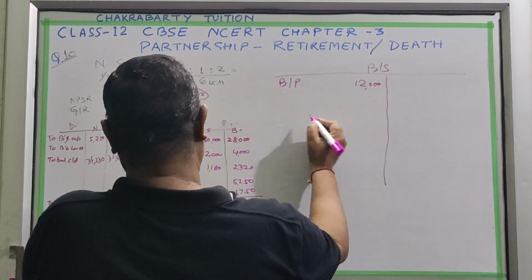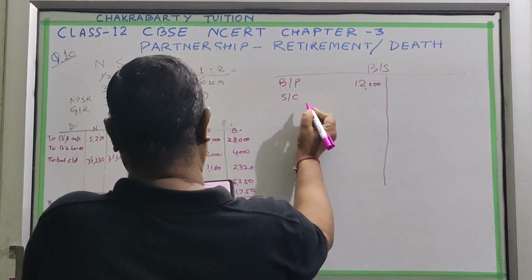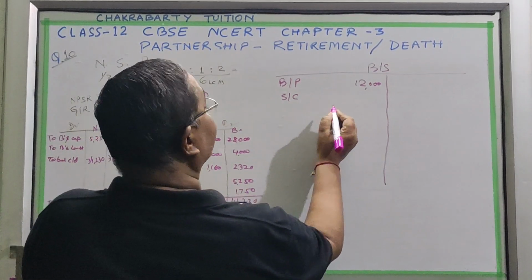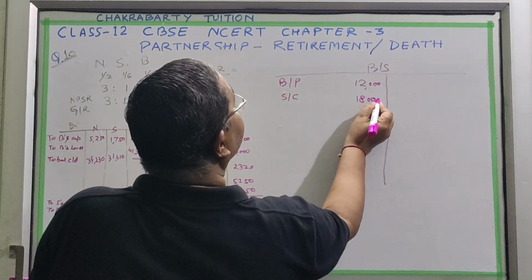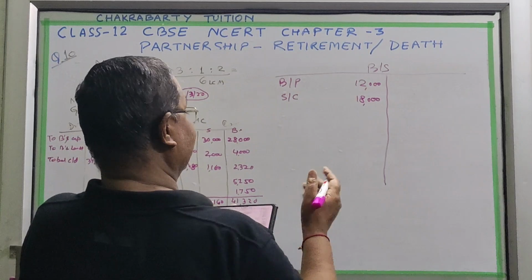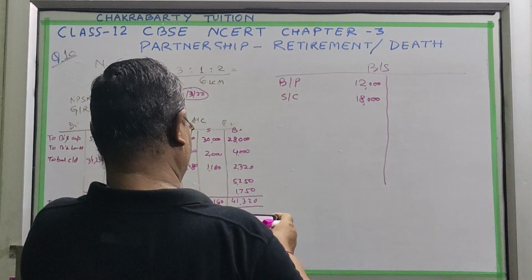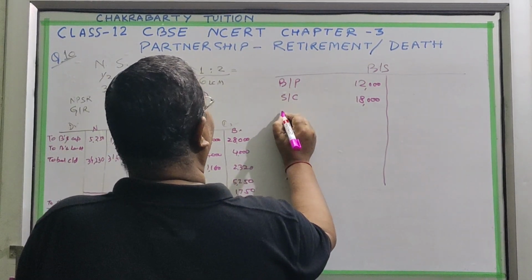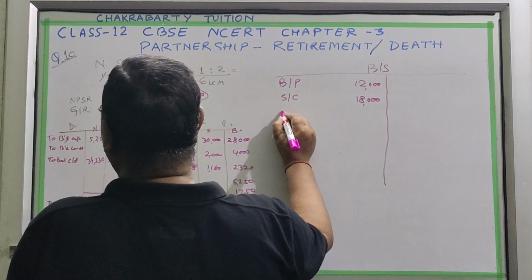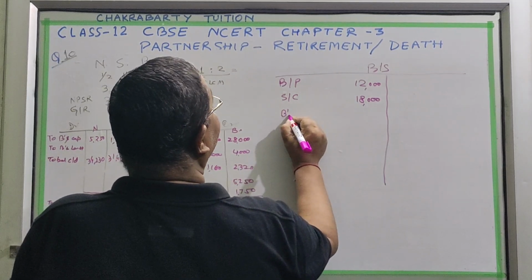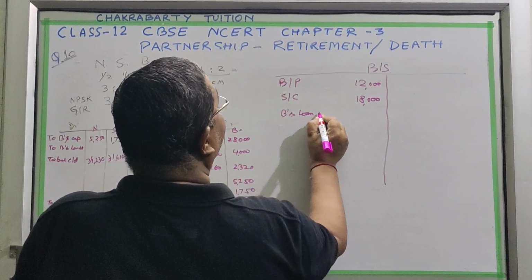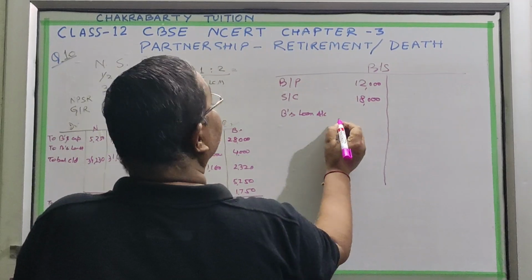Then sundry creditors are 18,000 and no changes. Then reserves we have already distributed, it will go out. Capital, but before capital account we write P's loan, Bajaj's loan account. Because now his capital has gone, it has become loan.